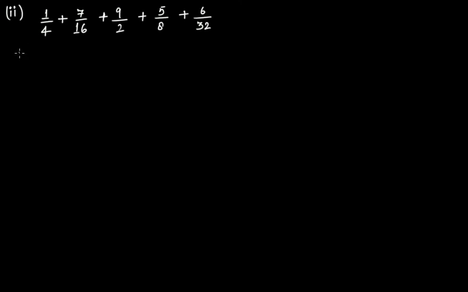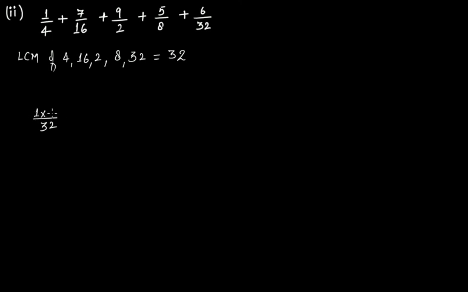So the LCM of 4, 16, 2, 8 and 32 will be 32, right? Now, if I want the LCM in this case as 32, so 32 divided by 4 will give you the quotient as 8.